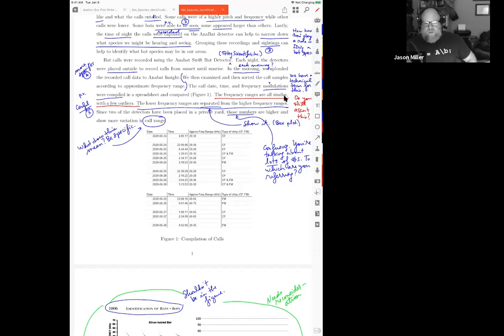Here it says the frequency ranges are all similar with a few outliers. And I wrote, do you still assert this? And this is unclear to me what it means. The frequency ranges are all similar with a few outliers. At this point, you haven't talked about species at all.